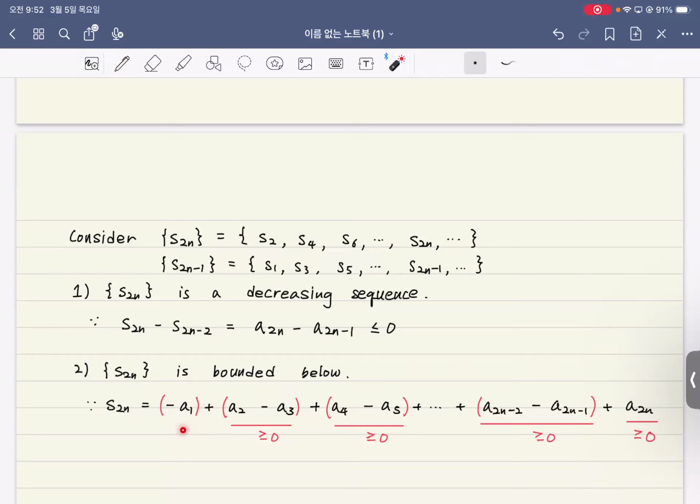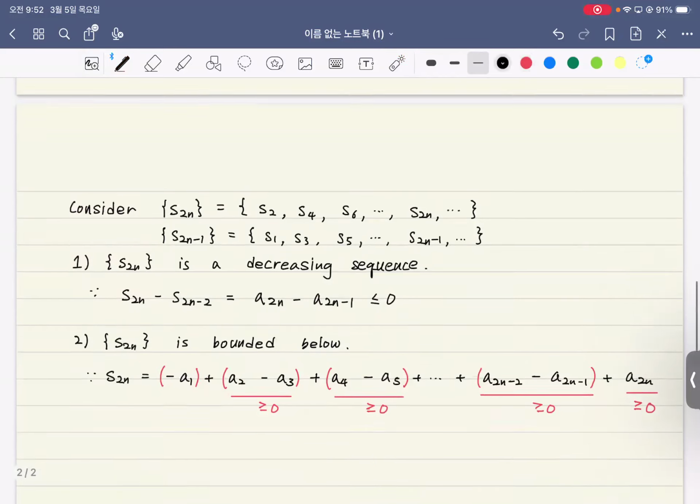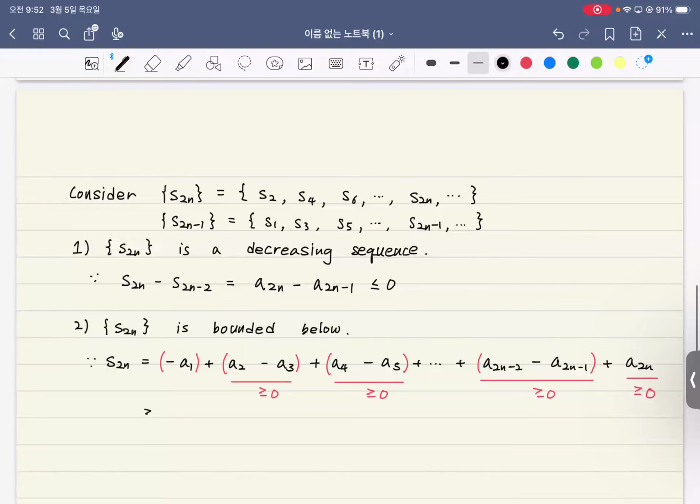So S2n is greater than or equal to minus A1. Therefore, S2n is always greater than or equal to the minus of the first term of the series.